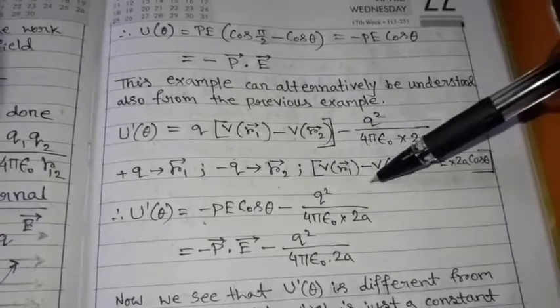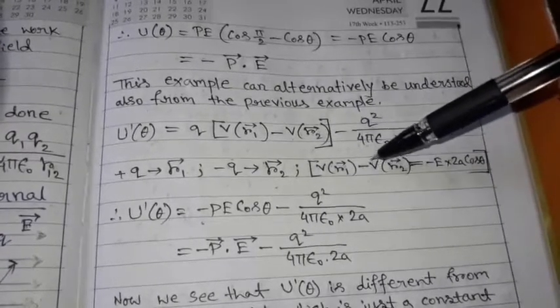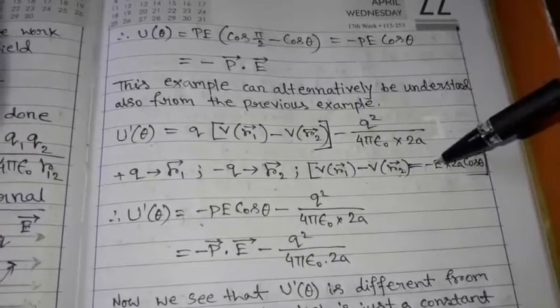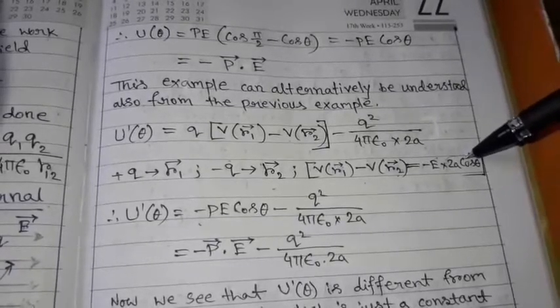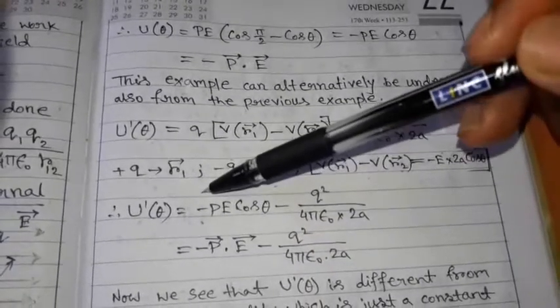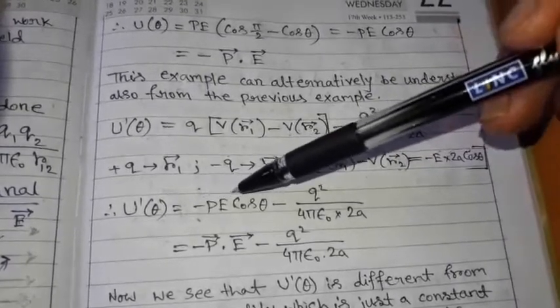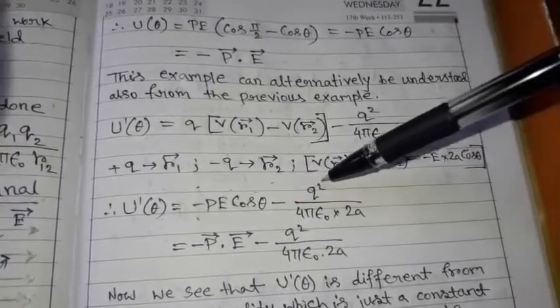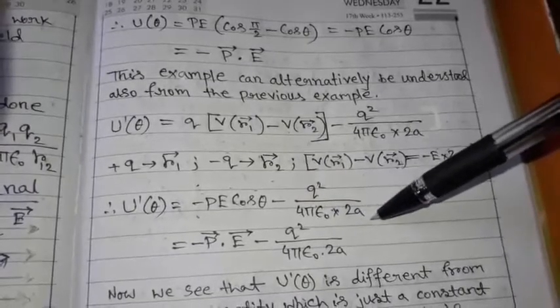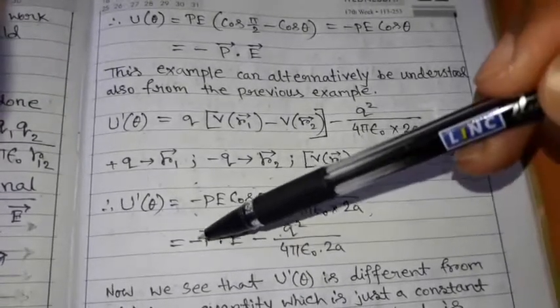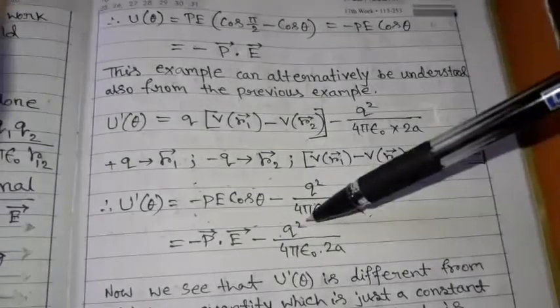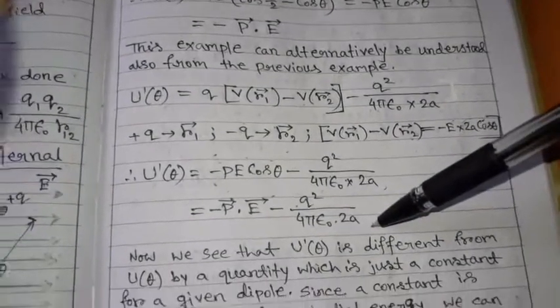So we can write V of r1 minus V of r2 equal to minus E into 2a cos theta. So the potential energy U dash of theta equals minus pE cos theta minus q square by 4 pi epsilon 0 into 2a. In vector notation we can write minus p dot E minus q square by 4 pi epsilon 0 into 2a.